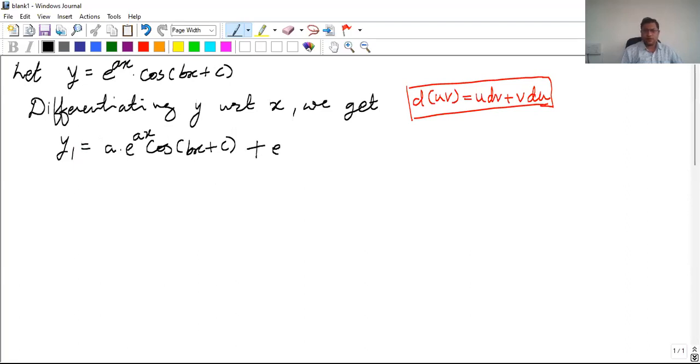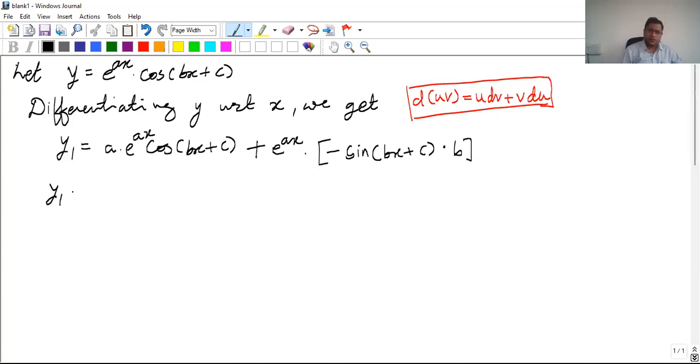Now plus, the e raised to ax remains as it is, and the derivative of cosine is minus sine of bx plus c, into the derivative of bx plus c, which is b.